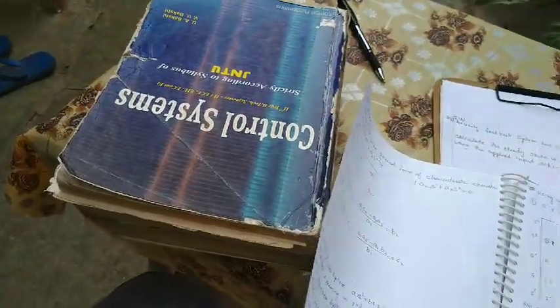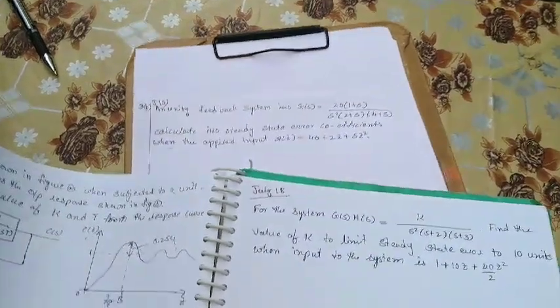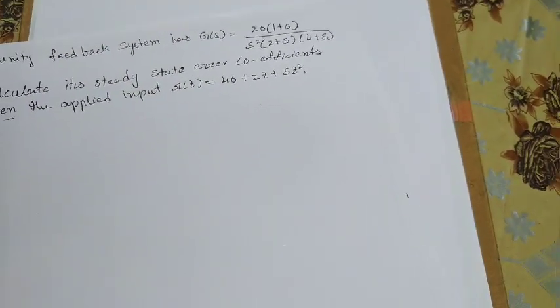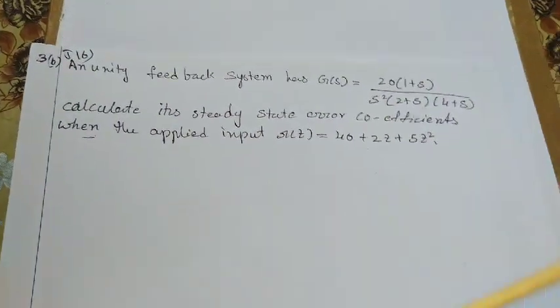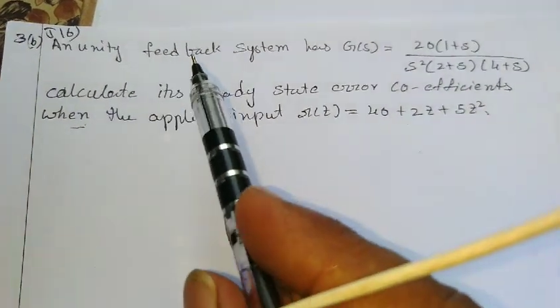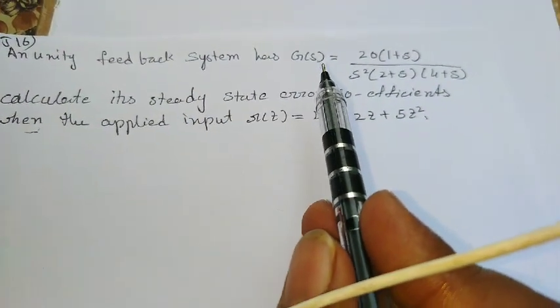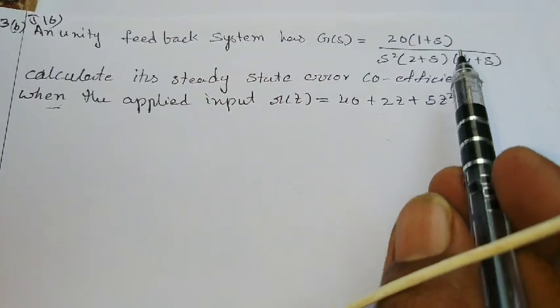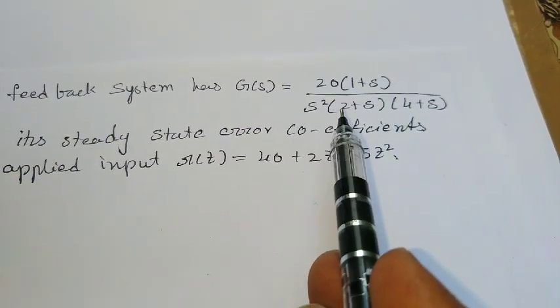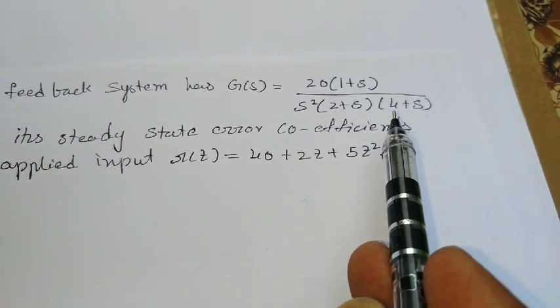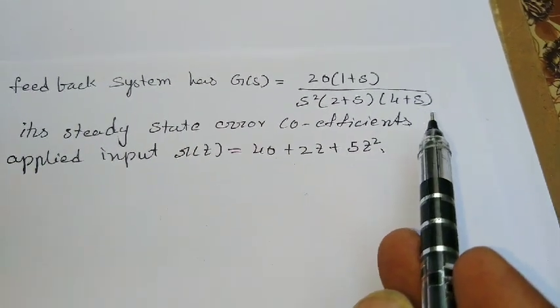Next we'll go to one more problem, which is a university problem, which was asked in the 2016 question paper. A unity feedback system has G(s) equals 20 into (1 plus s) divided by s square into (2 plus s) into (4 plus s).